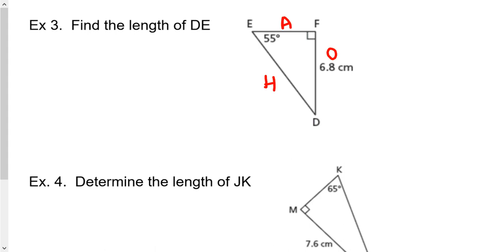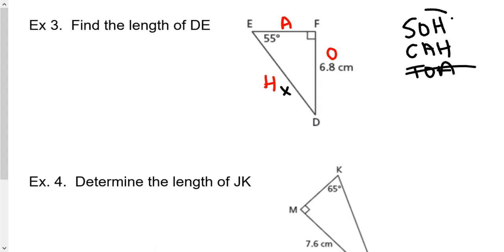So going through this again, always remembering that acronym, SOHCAHTOA. First of all, I'm trying to find the hypotenuse. That's my unknown. So we want to make sure we're using something involving the hypotenuse, so that cancels out tangent. And we know the opposite. We want to use the information we're given, so we're going to use sine for this one.